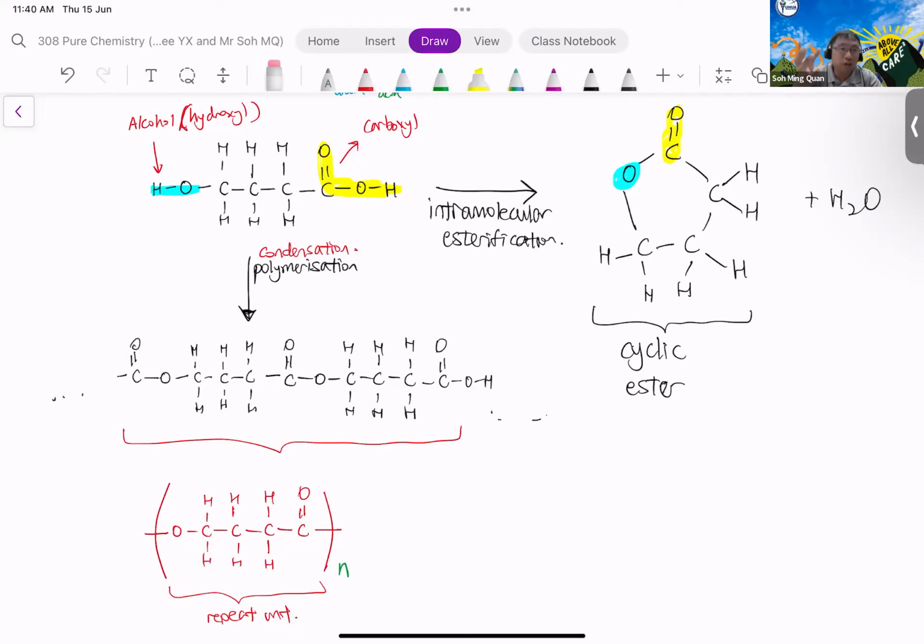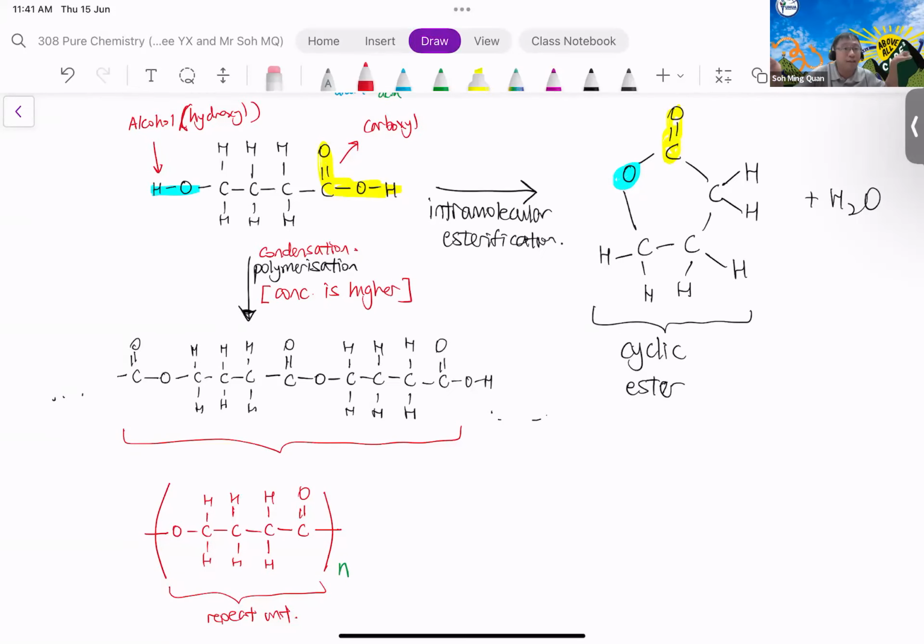So which type of conditions will favor each type of reaction? Well, if you think about it, for polymerization to take place, it needs to react with many molecules of itself. So this takes place when the concentration is higher. When you have more molecules in the same volume, obviously they will have a higher frequency of collisions.